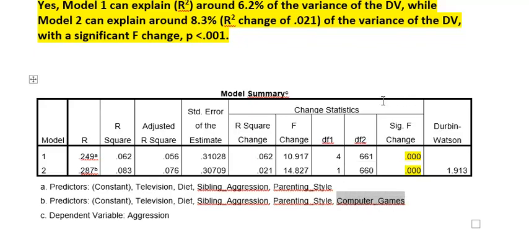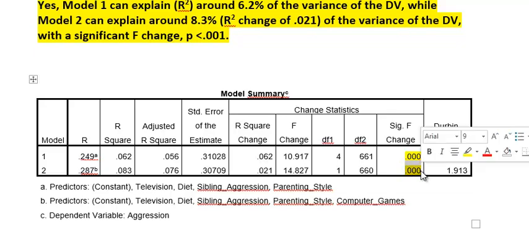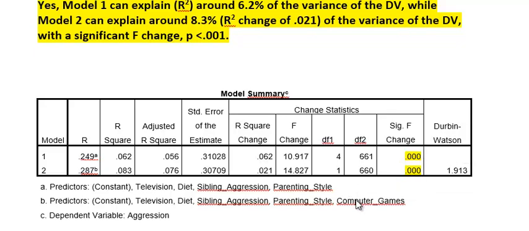That's what hierarchical does for you. And it changed the R-squared from 0.062 to 0.083, and it's got the R-squared change here. And then you go down here to see if that change was significant, and it was. So adding the computer games did significantly change the effect size.